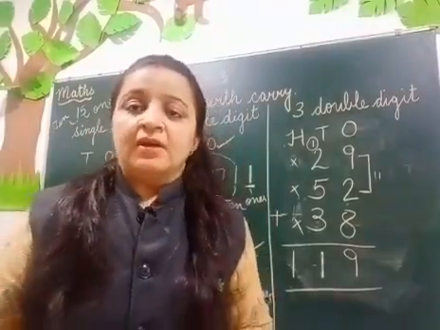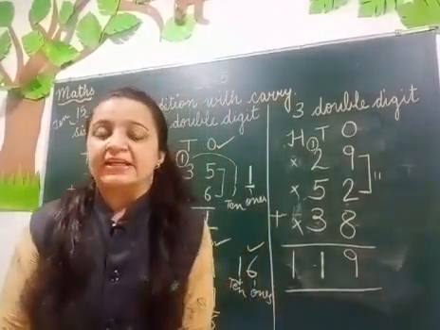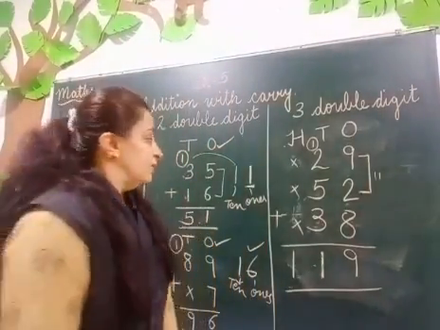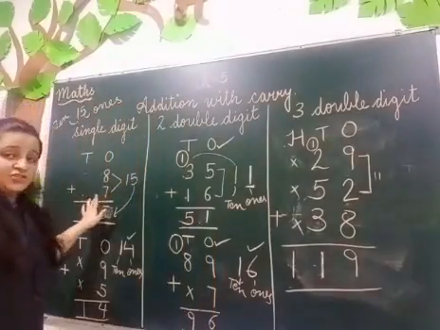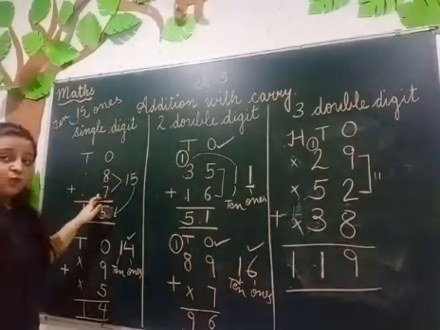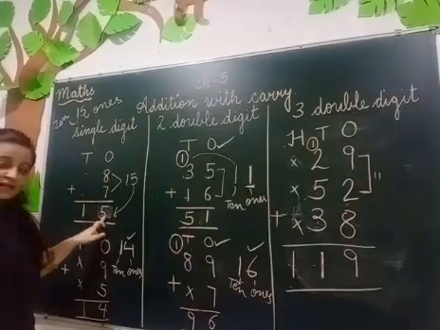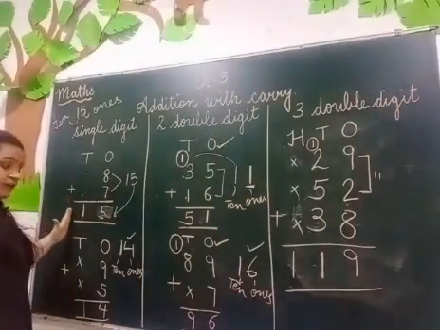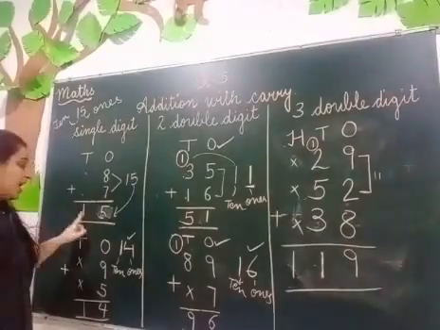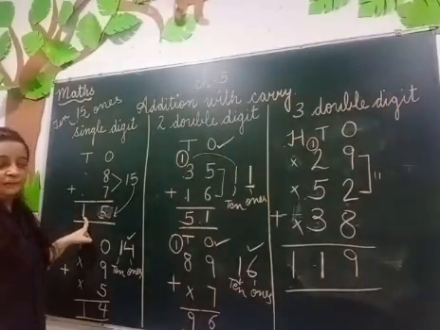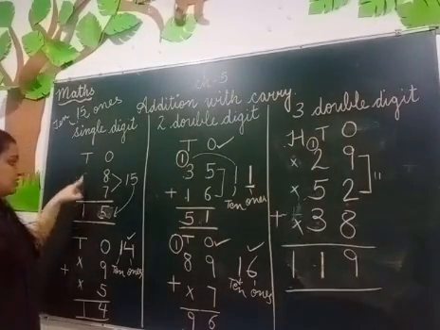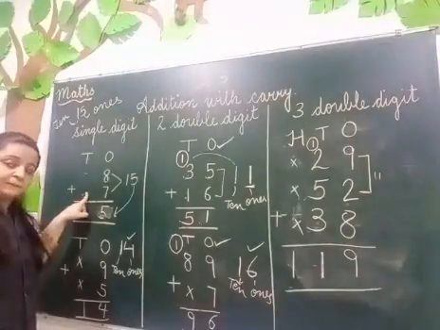Okay? समझ में आया? What is carry? Okay? Single digit. 8 plus 7 was 15. 5 we have written under the ones place and 1 we have given as carry to the tens place, and 1 directly we have written because we have no digit over here to add.